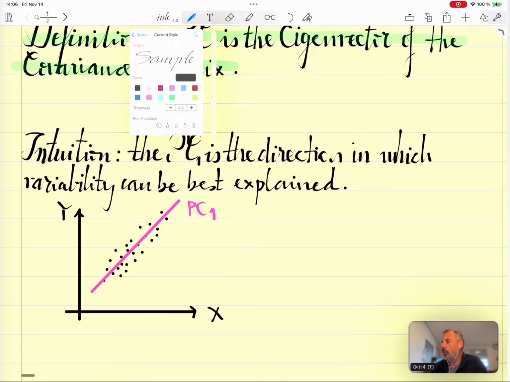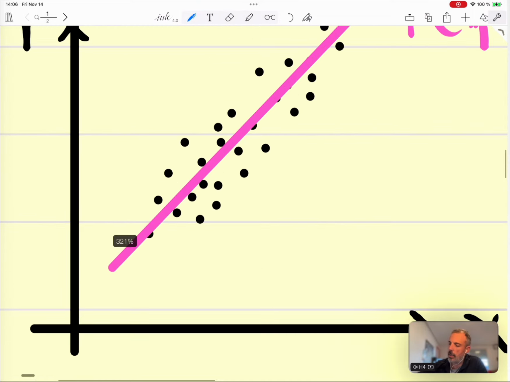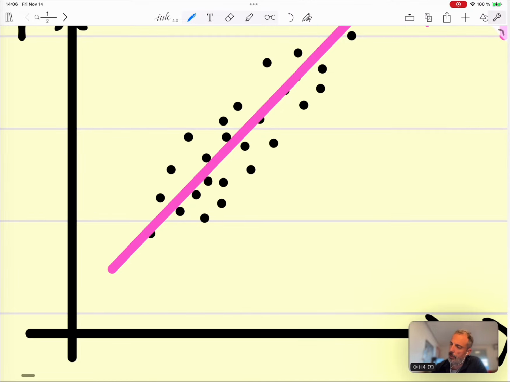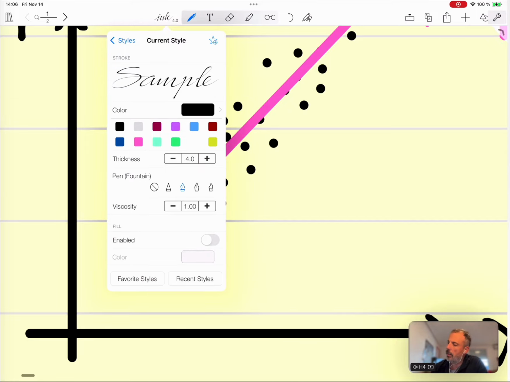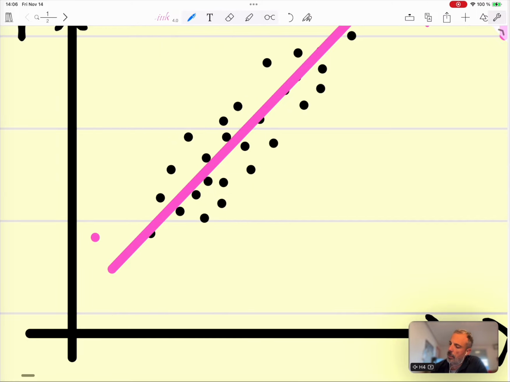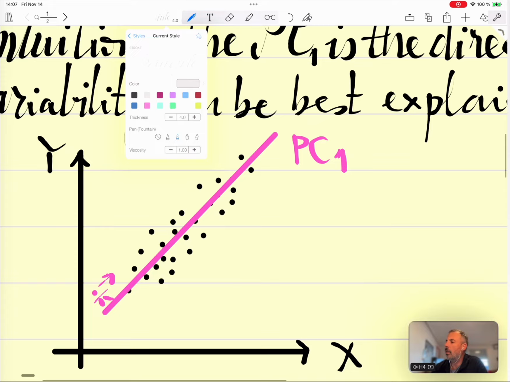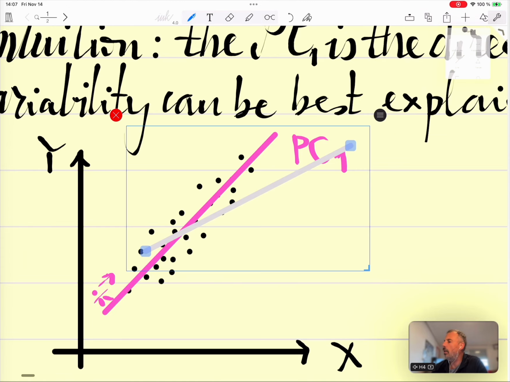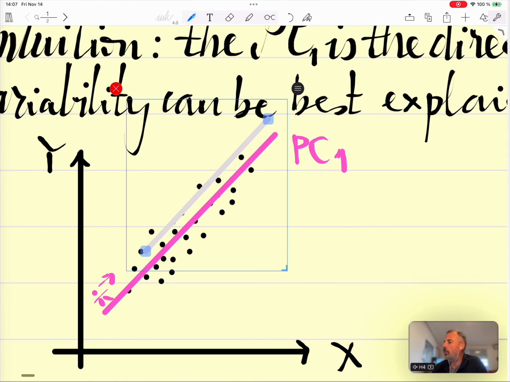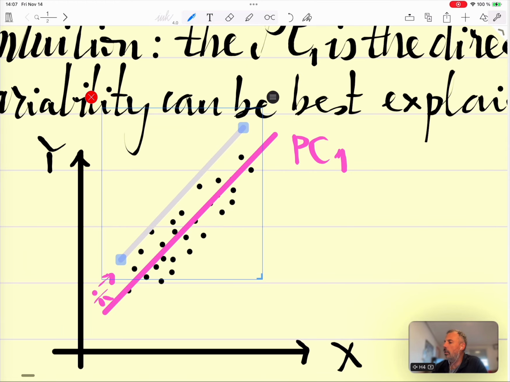Because if we put here a little person looking this way, the data will be best understood in this direction.